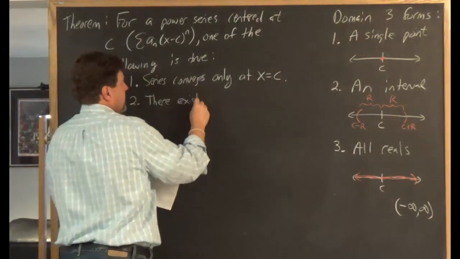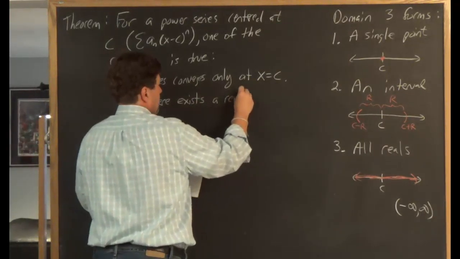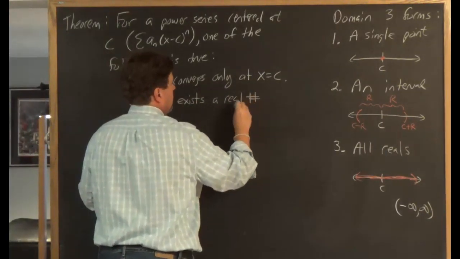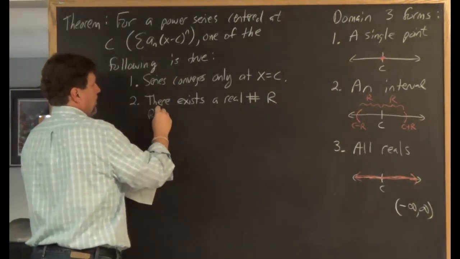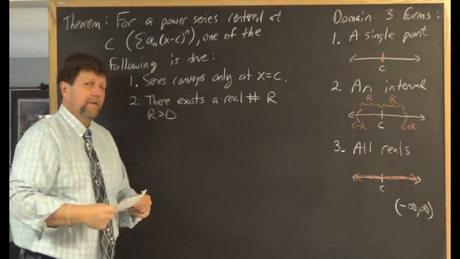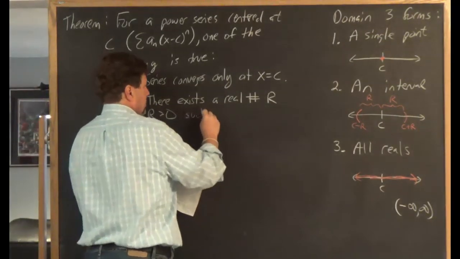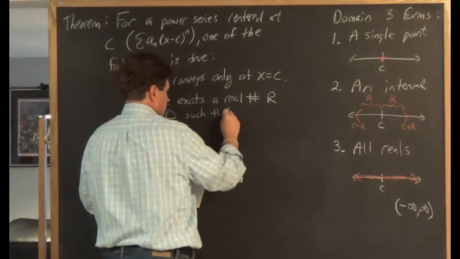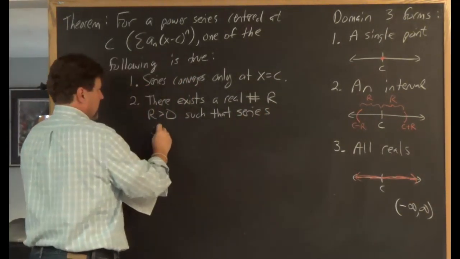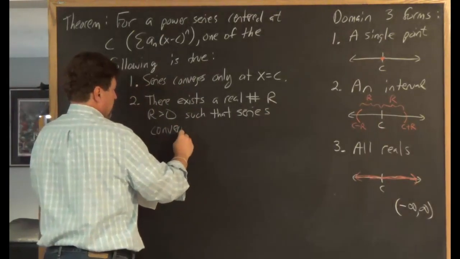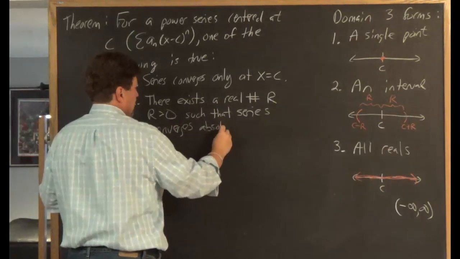There exists a real number R, R is greater than 0, such that the series converges absolutely.